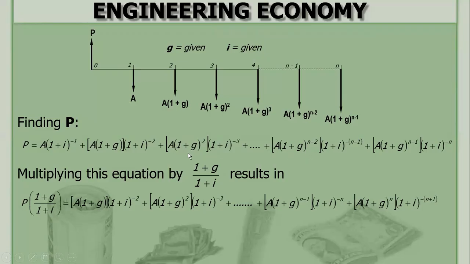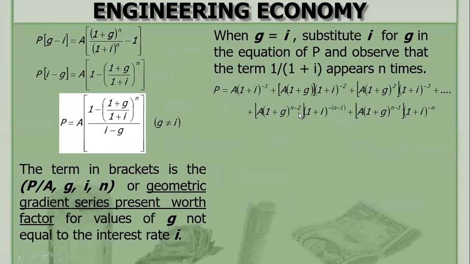If we replace G by I, again this is the equation of P, the result is this: A over 1 plus I, then 1 plus I raised to negative 1, or this one, 1 plus I squared times 1 plus I raised to negative 3, negative 1.